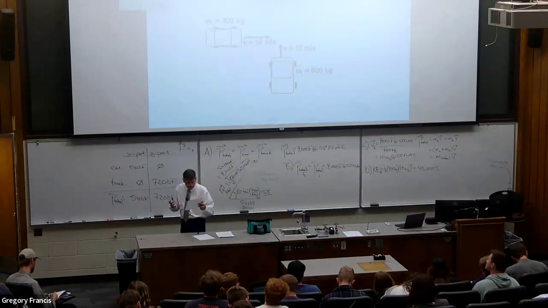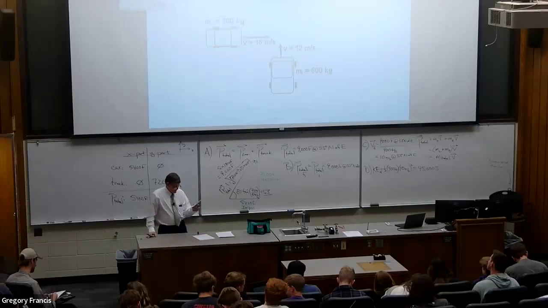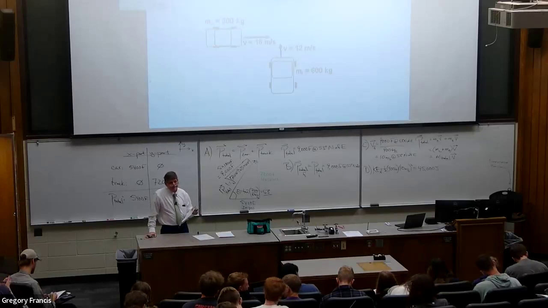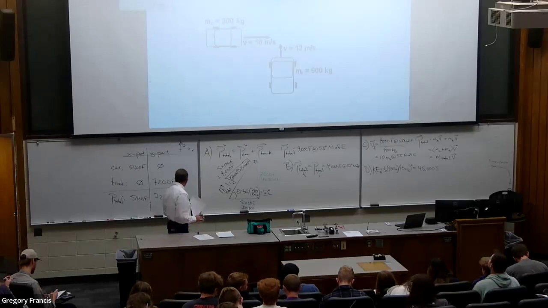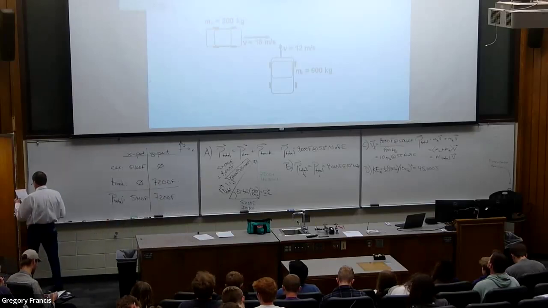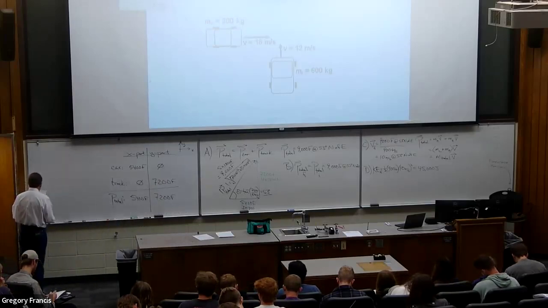Now, the last part asks us, if the coefficient of kinetic friction between the mangled vehicles and the road is 0.35, how far will it slide before coming to rest? Well, we just saw that problem, didn't we? We can do that over here. That's an energy problem.